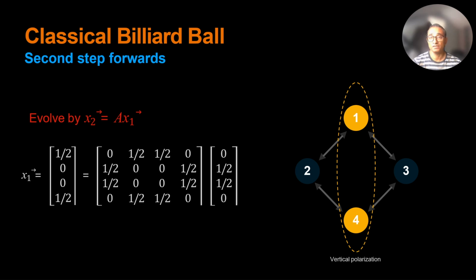With the probability of finding the ball still not changing from 50%. That means 1/2 and 1/2. And this is represented by the state vector x2, which is obtained by applying the matrix on the vector x1.